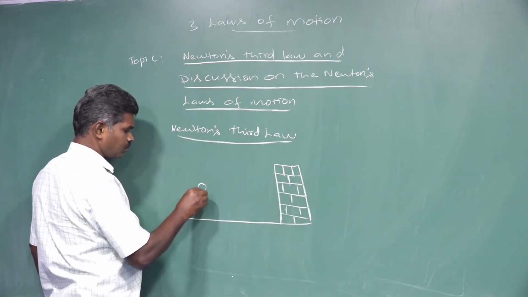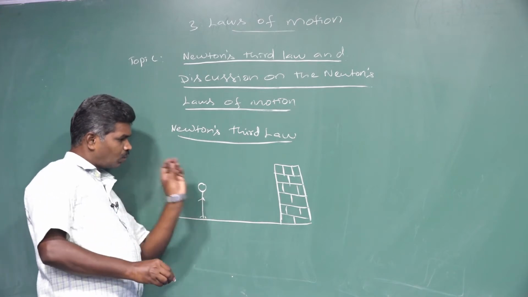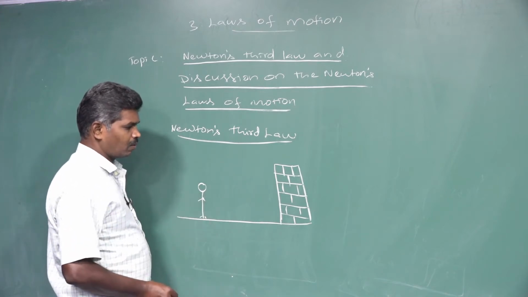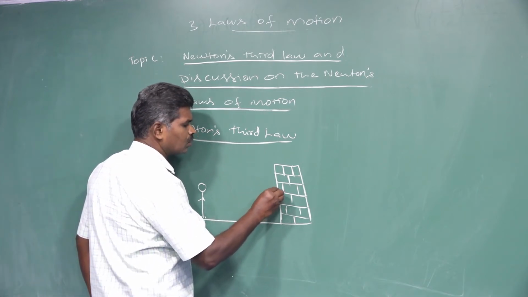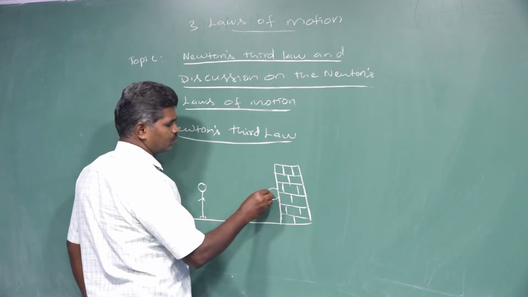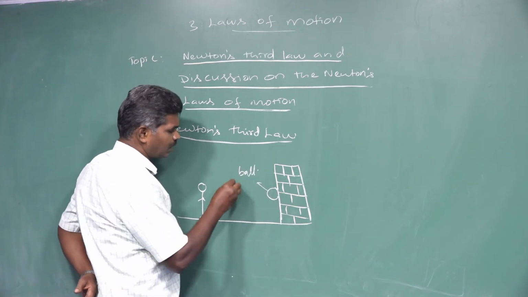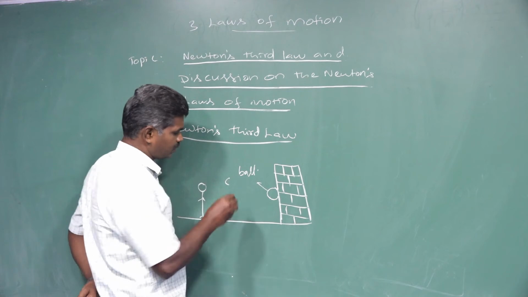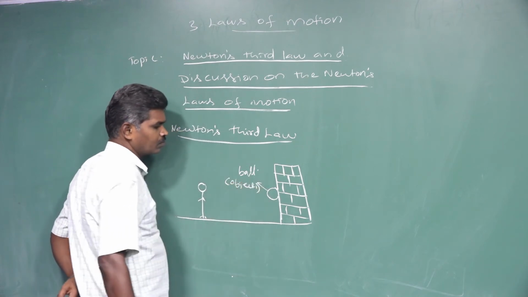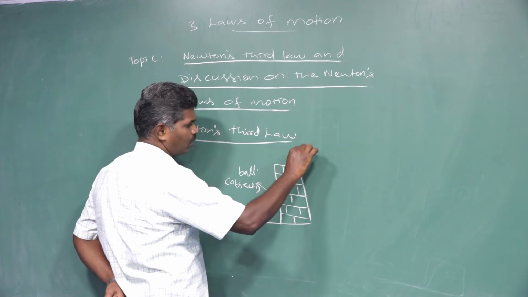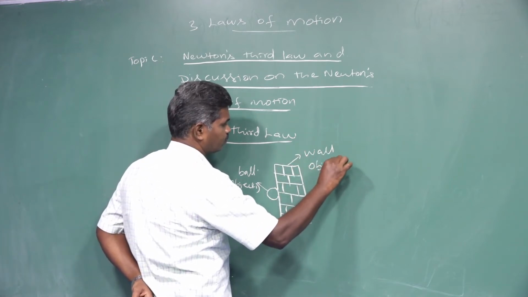Now, one of us stands here and throws a ball towards the wall. At the time the ball hits the wall, this ball can be considered as the first object, object 1. The wall can be taken as object 2.